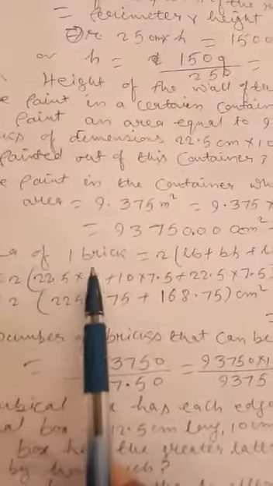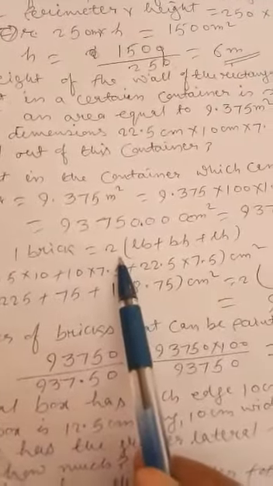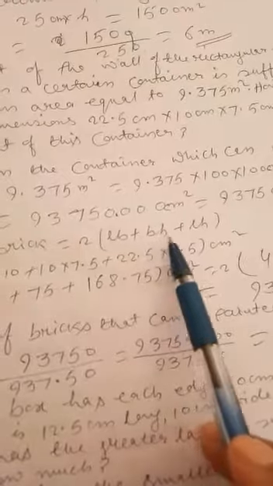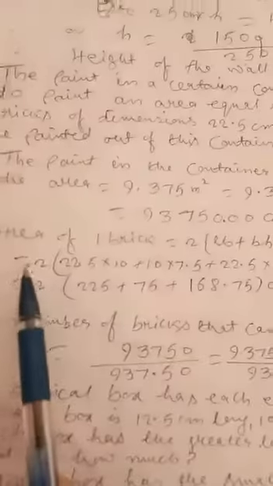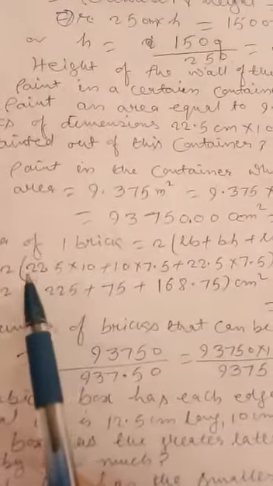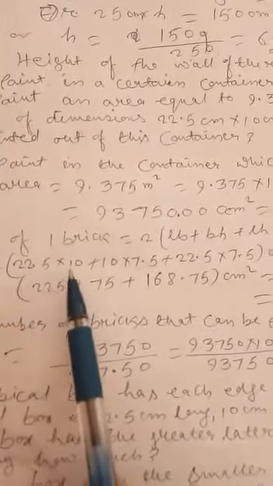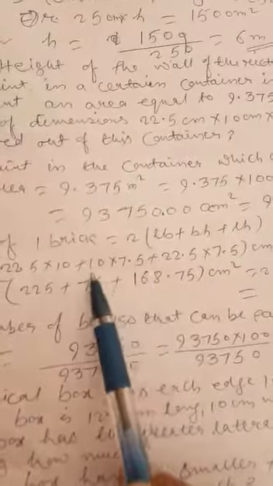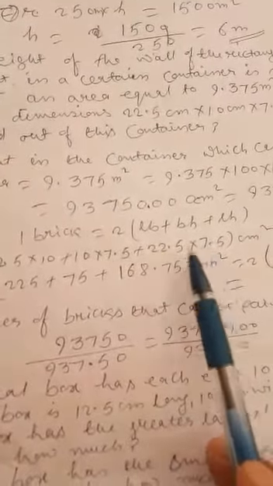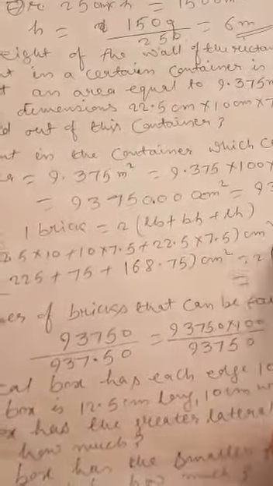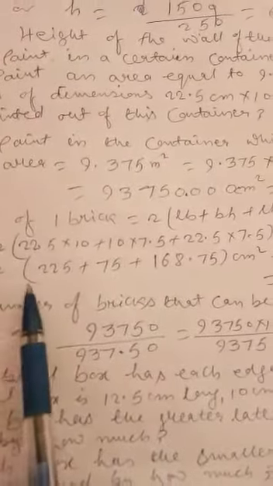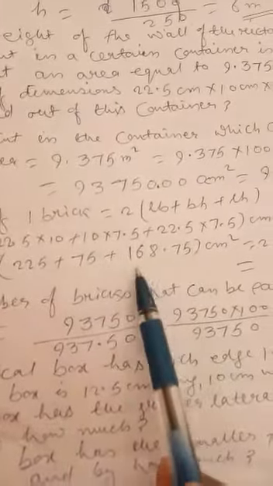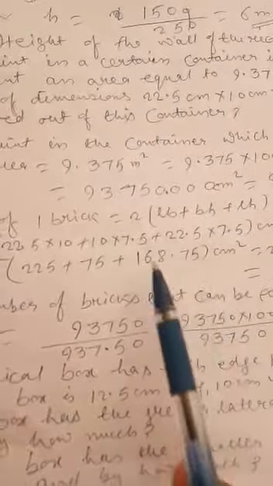So area of one brick is equal to total surface area of the brick, which is 2 into length into breadth plus breadth into height plus length into height. That is 2 into, length of the brick 22.5 and breadth is 10, so length into breadth, plus again breadth into height, 10 into 7.5, plus again length into height, 22.5 into 7.5 centimeter square. If you multiply, you get 2 into 225 plus 75 plus 168.75 centimeter square.